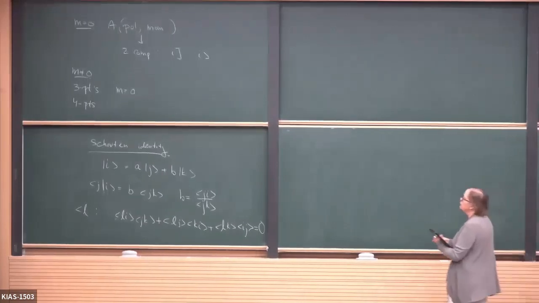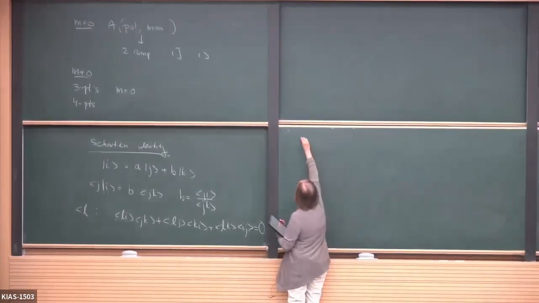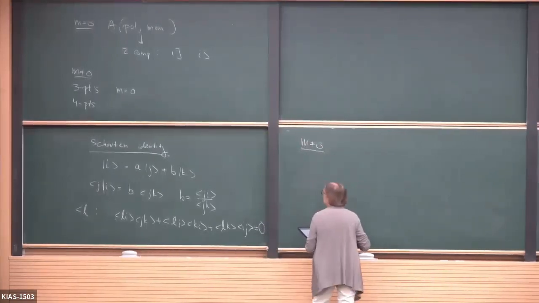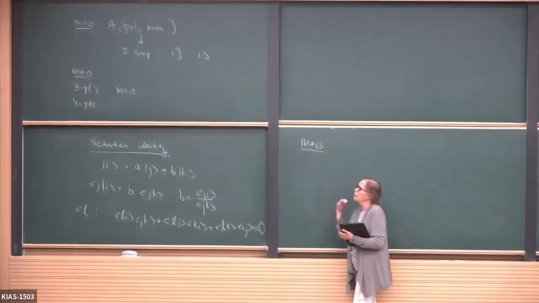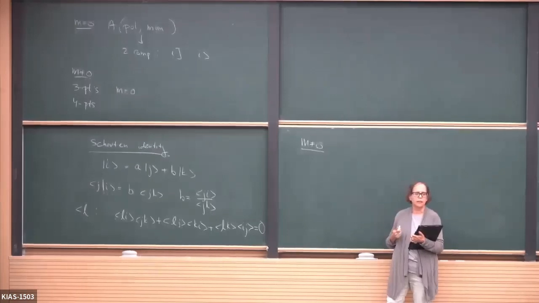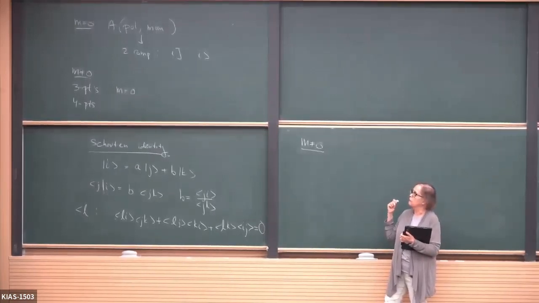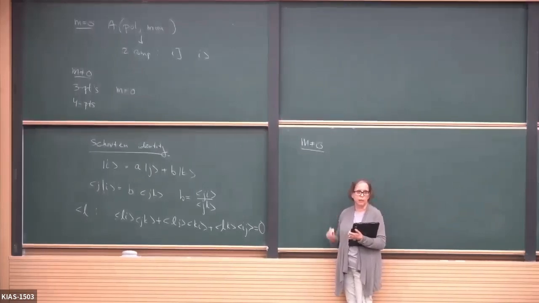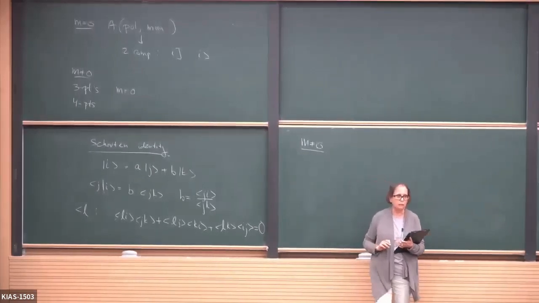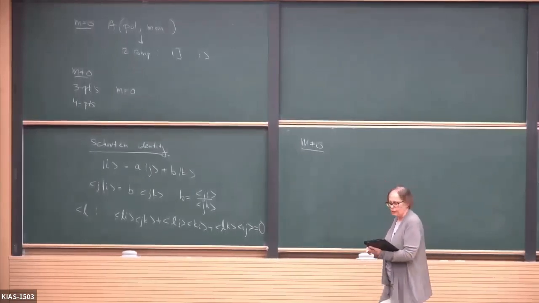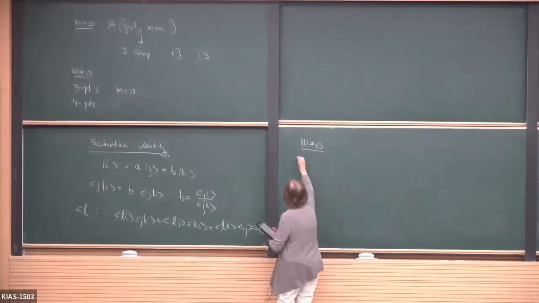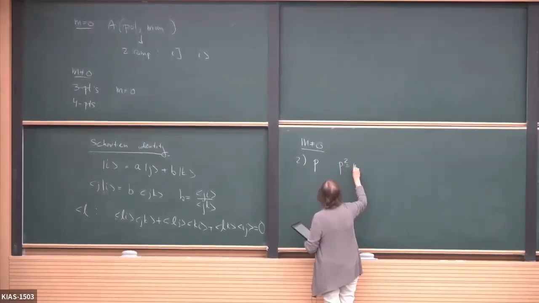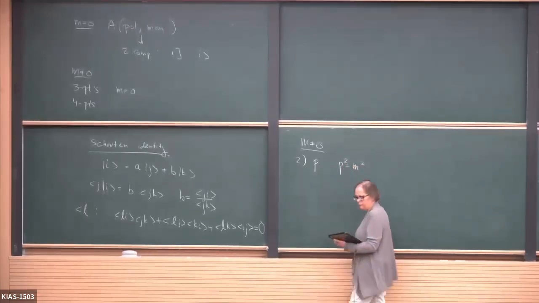Okay, so now I want to start talking about massive amplitudes. And again, what we'll need to do is repeat the story that we had yesterday. We want to know how to write the polarizations and the momenta of massive particles in terms of massless spinors. So let's start with the momenta. So now we have some momentum p, but p squared equals m squared.